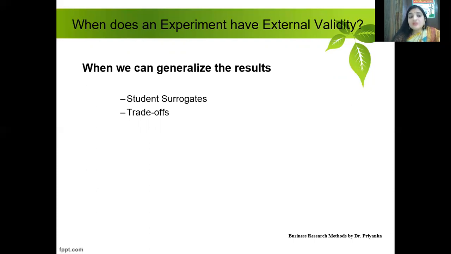If it is a yes, then that means your experiment has external validity. If you cannot generalize the results to at least your industry, then it is not a good experiment. That means the experiment does not have external validity.